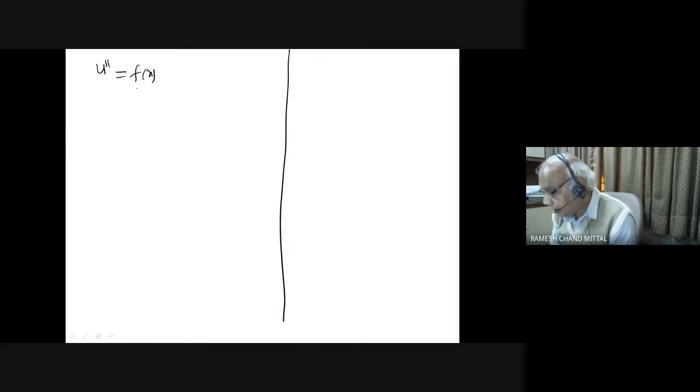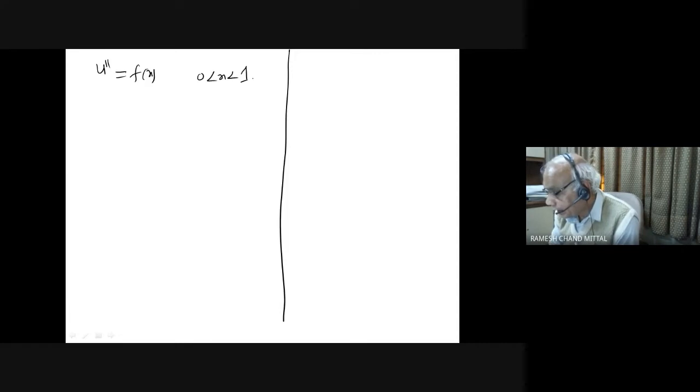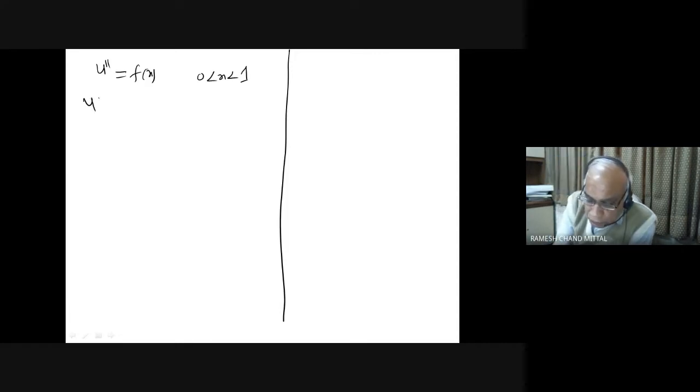That is my boundary value problem, which is defined between 0 and, let's say, 1. And then at u(0) you are given something, alpha, and at u(1) you are given something like beta. I hope you understand my problem. This is a two-point boundary value problem, a simple two-point boundary value problem.